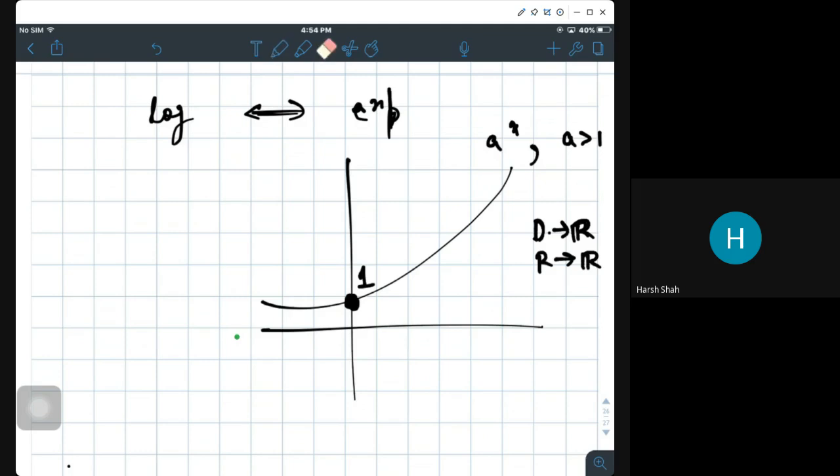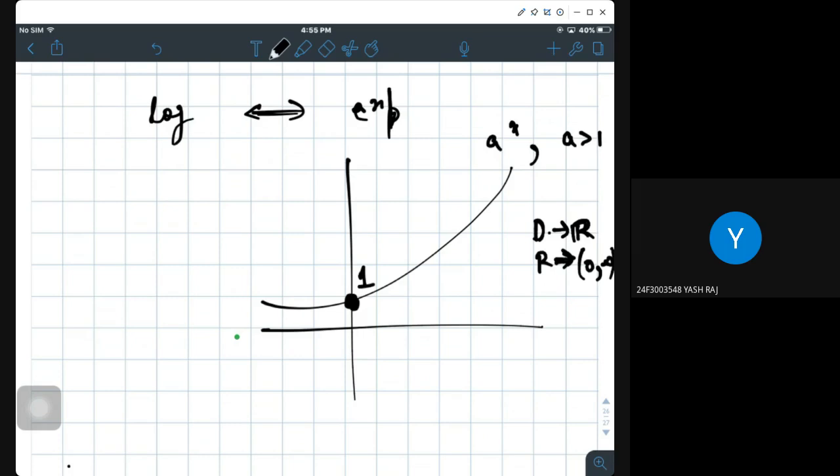Not real numbers, sorry. No, it is from 0 to infinity. It is 0 approaching here. It is like this, no? Right? I hope for everyone this is clear.